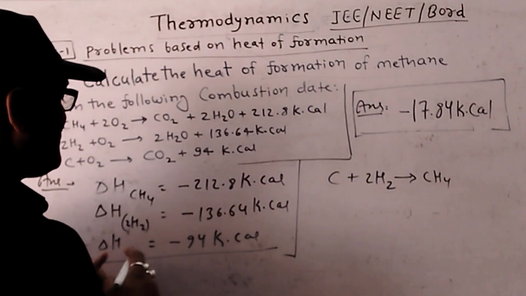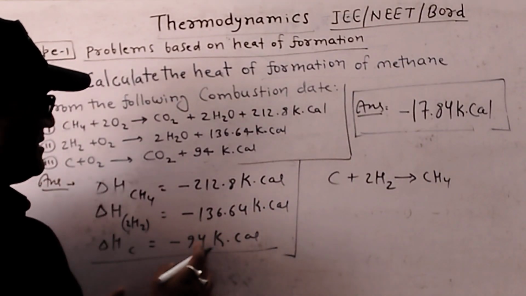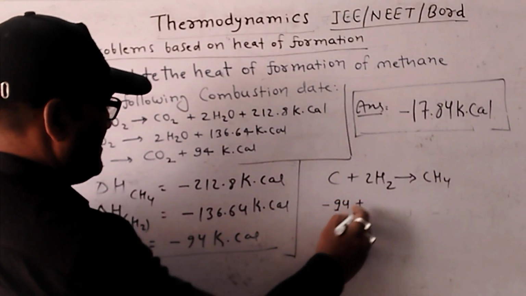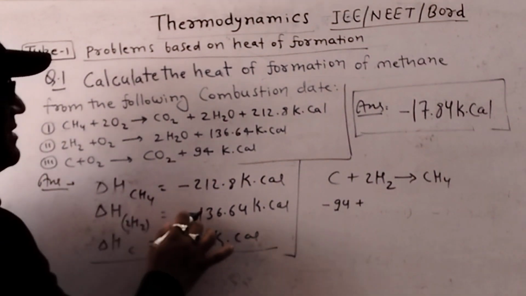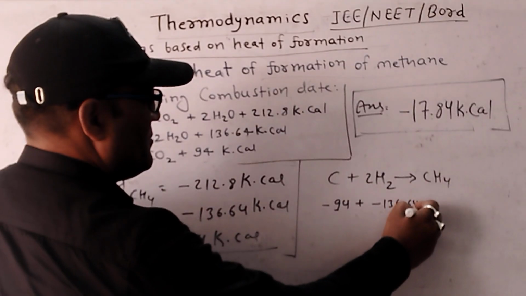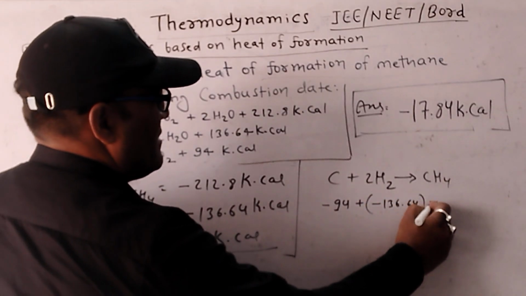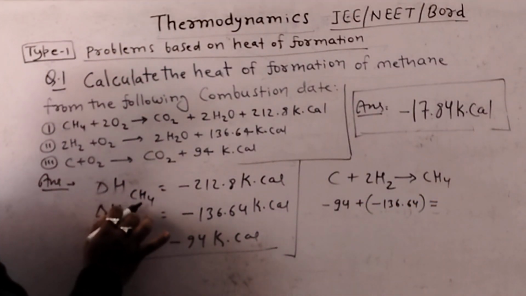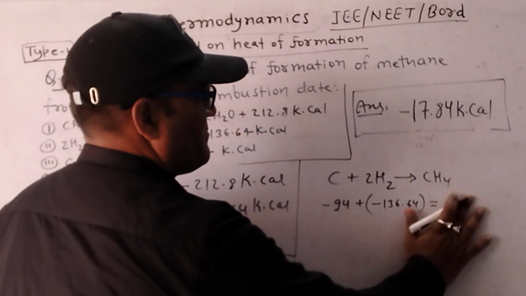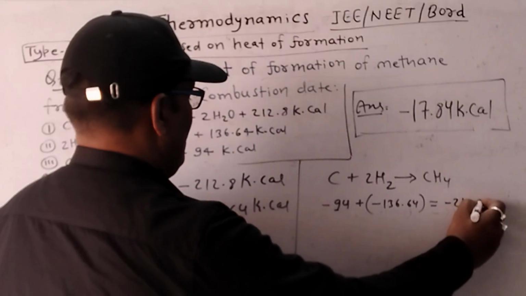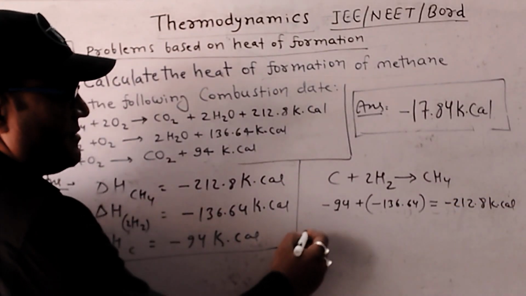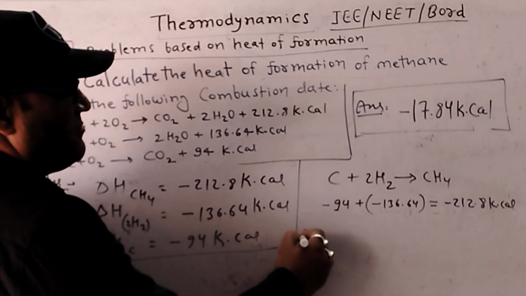The value of delta H for carbon is minus 94, plus for 2H2 the value of delta H is minus 136.64, and on the other side the value of delta H for CH4 is minus 212.8 kilocalorie. Now we can find the value of delta HF.